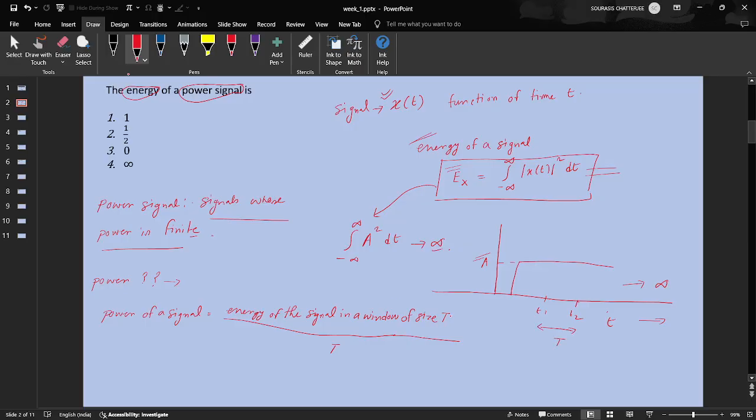So what size t should I consider to get the power of a signal? It turns out the power of a signal is defined when t tends to infinity. So with this in mind, we already have the expression for the energy of the signal in a window of size t, and let's try to write the power of the signal.